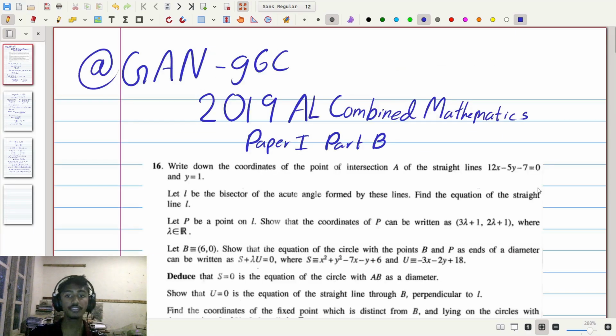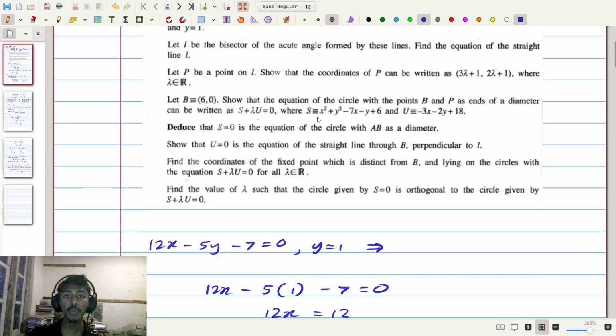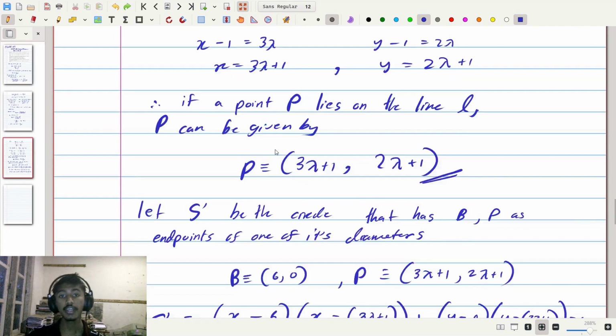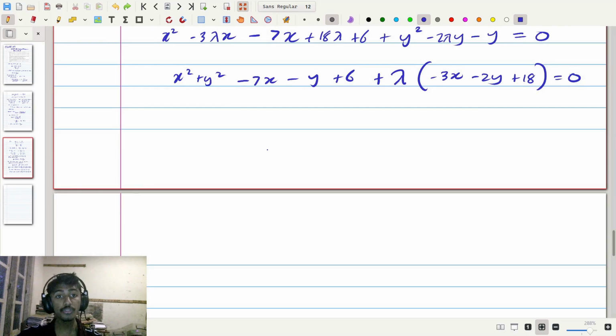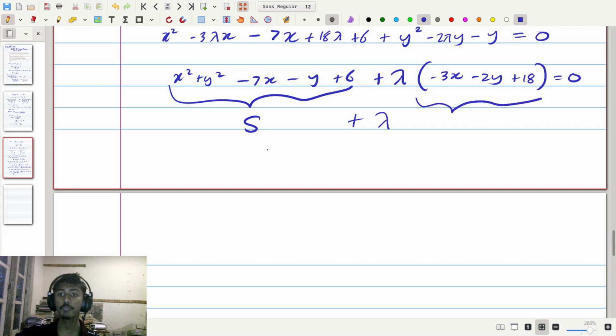Now going up, we can see S was given by x squared plus y squared minus 7x minus y plus 6, and U was given by minus 3x minus 2y plus 18. And if we go down, we can see we have exactly that. On the outside here, we have this bit, which is exactly what we called S in our question. So therefore this is S, and this bit right here is U. So we have S plus lambda times this part here, which is U, and that is equal to 0.